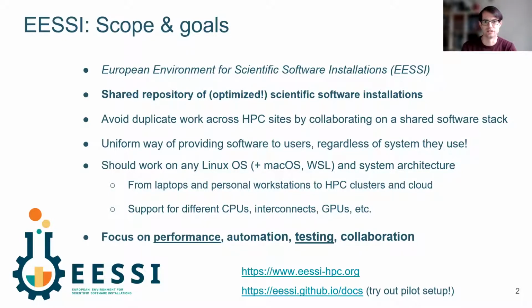That will make it easier on the user because they don't have all of these differences between different systems, and it would make it easier for HPC sites since they can share the workload. But of course, we're still aiming at HPC, so performance and software testing are still two very important components in this project.